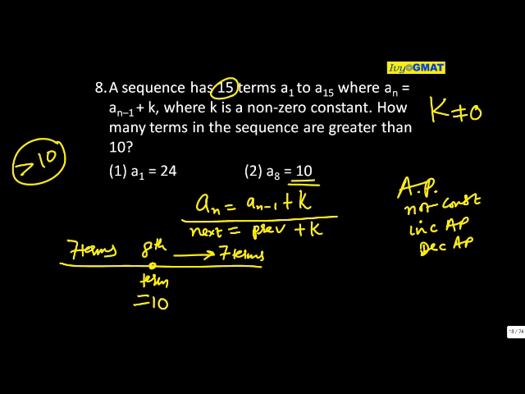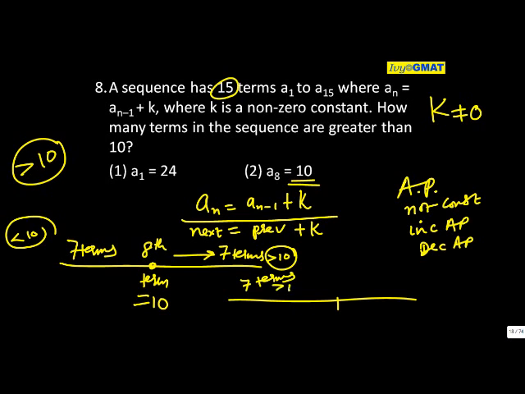If it is an increasing series, 7 terms will be greater than 10 here. If it's a decreasing series, then 7 terms here will be greater than 10. In either case, how many terms are greater than 10? And which statement alone is enough? Second. So answer B.